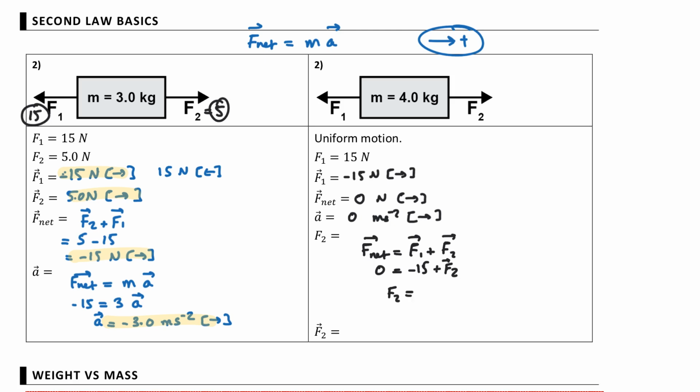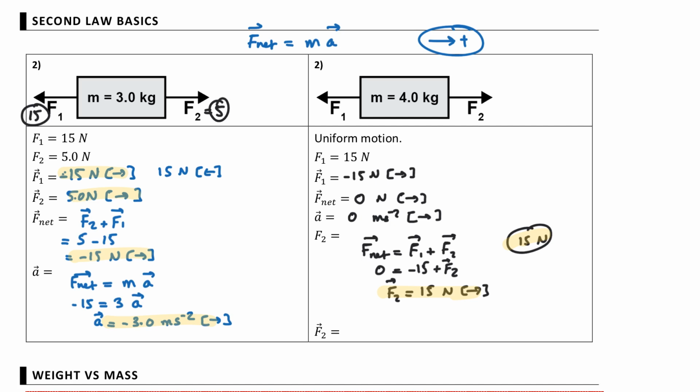So F2, when I rearrange it, is going to be 15 Newton to the right. So its magnitude is just going to be 15 Newton, and I'm going to highlight this, and its vector quantity is going to be 15 Newton to the right. So that's the value for this one.